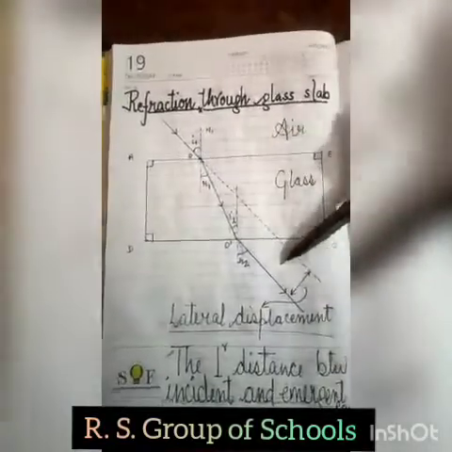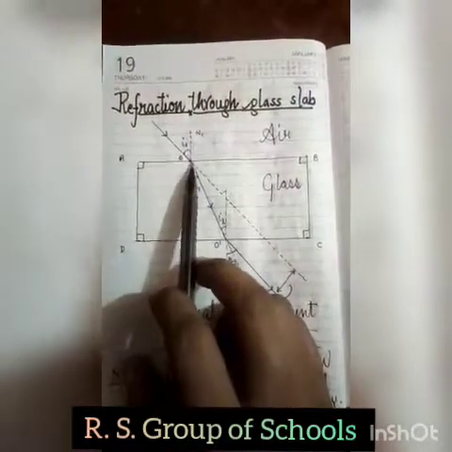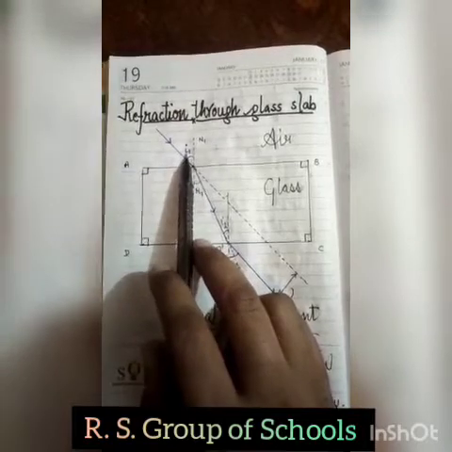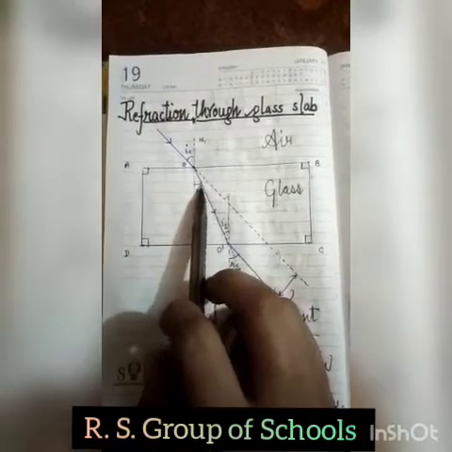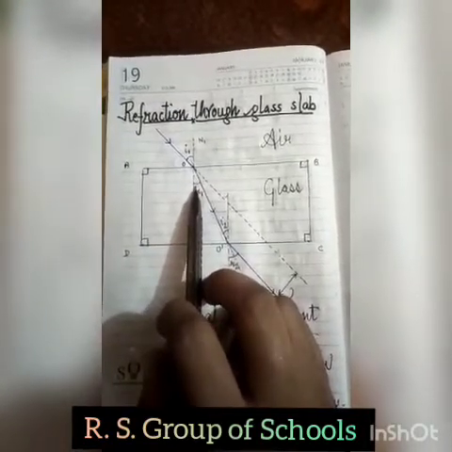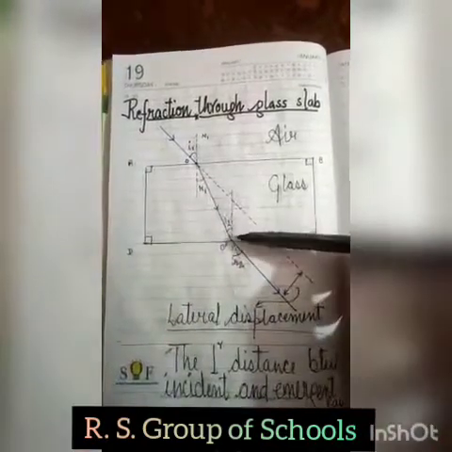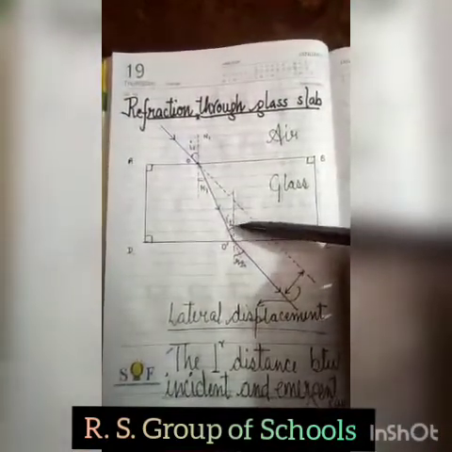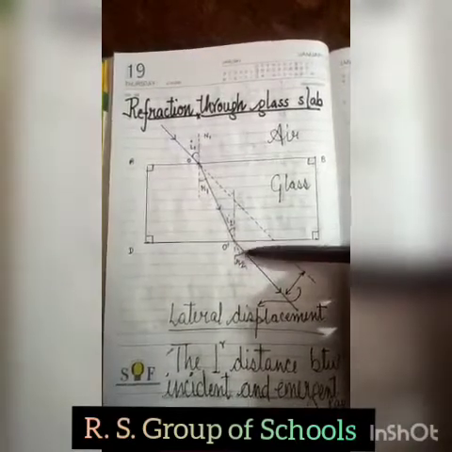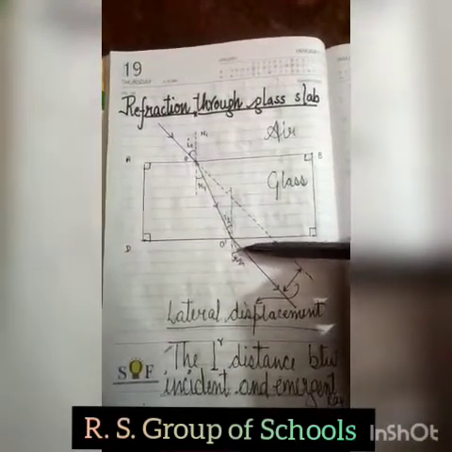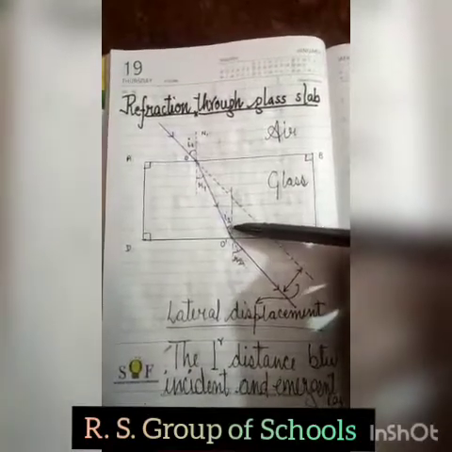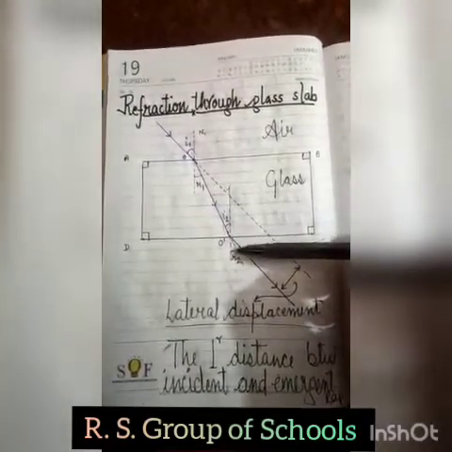So first at point O, the angle of incidence is I1 and angle of refraction is R1. Similarly for point O dash, angle of incidence is I2 and angle of refraction is R2.